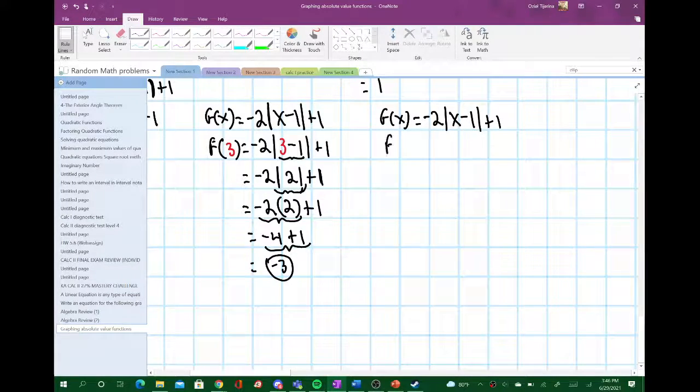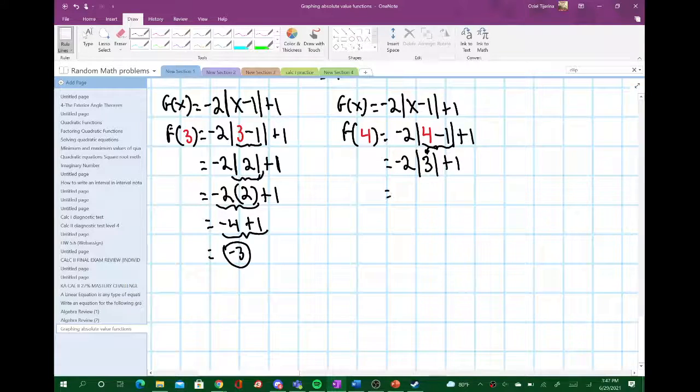So we're going to say f of 4, that's going to be negative 2 times the absolute value of 4. We're going to plug in a 4 for x, minus 1, plus 1. So then we have negative 2 times the absolute value of 3, because 4 minus 1 is 3, right? So then we have plus 1.